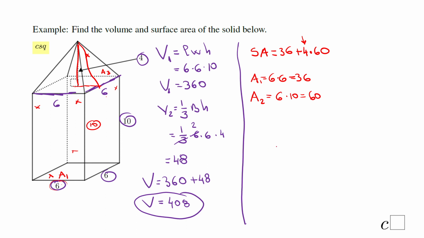And in that triangle, this side will be half of this 6, 3, right? Half of this 6 or any other 6, right? This will be 3. The height is 4, so if you remember the Pythagorean triple, this should be 5. So this is the slant height.